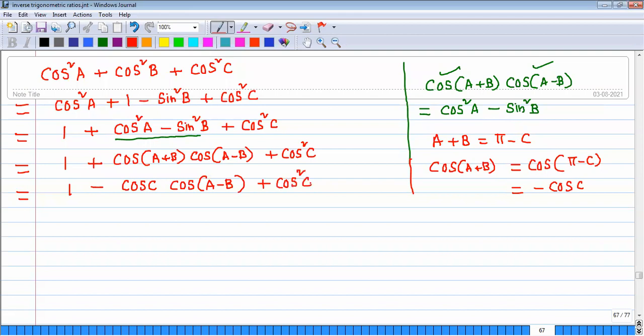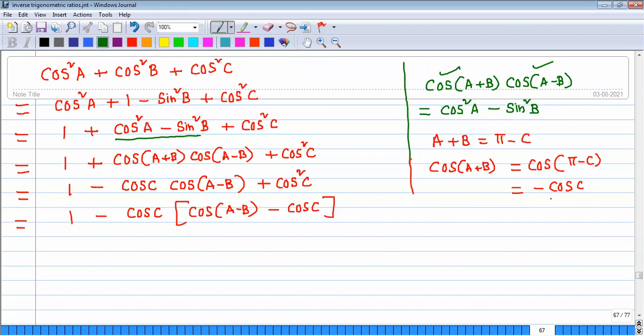What will be the next step? Shall we take anything common out from the second and third term? Take cos C common. Negative cos C common. This 1 minus cos C common. You have cos of A minus B minus cos C. Now what do you replace minus cos C with?